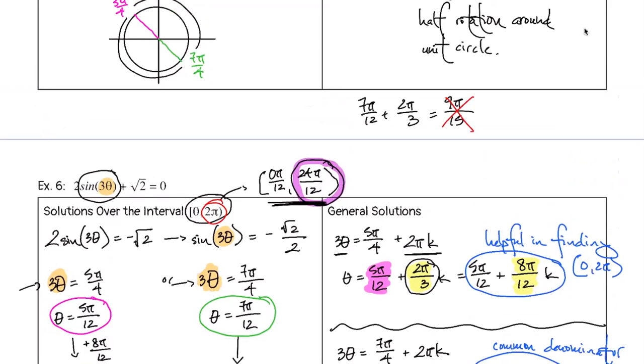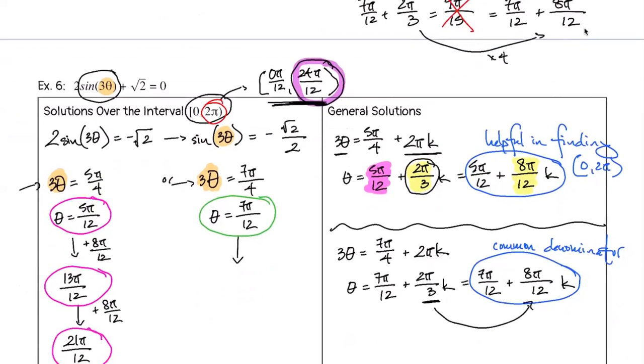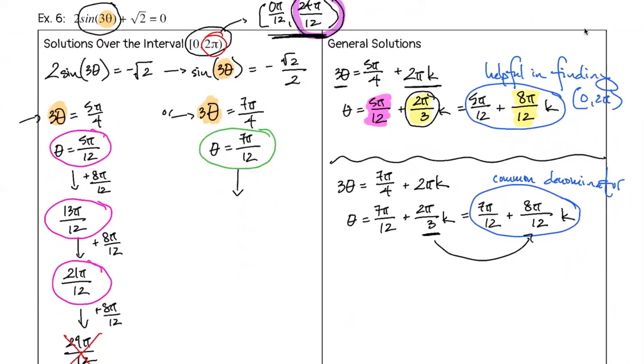Yeah, so we're going to keep the 7 pi as over 12, but then we have times 4, so we get 8 pi, and on the bottom we do times 4, so we get 12. All right. And that's all we're doing. We're just trying to find that common denominator so that we can add. Okay. Now we want the common denominator because we are going to add.